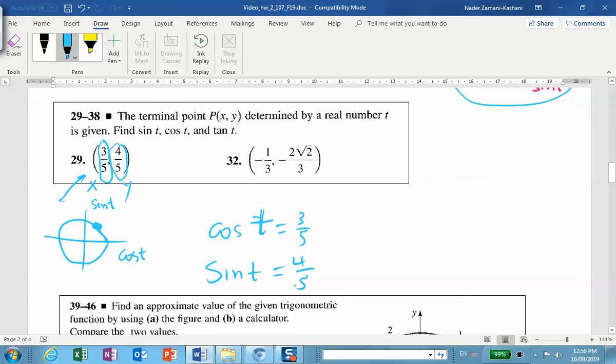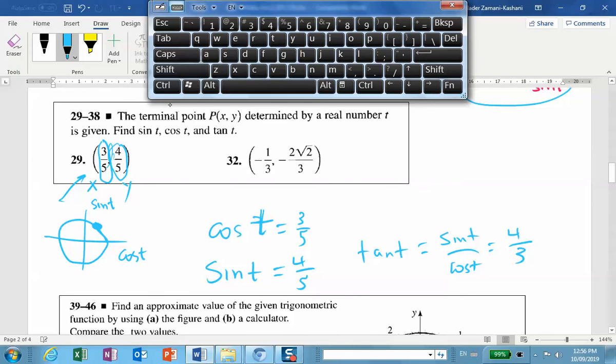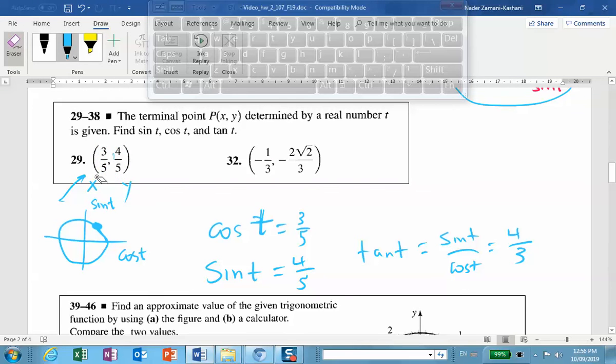And tangent of t is going to be sine over cosine, and this is going to be 4 over 3. That takes care of 29. Let me do the other one, 32.